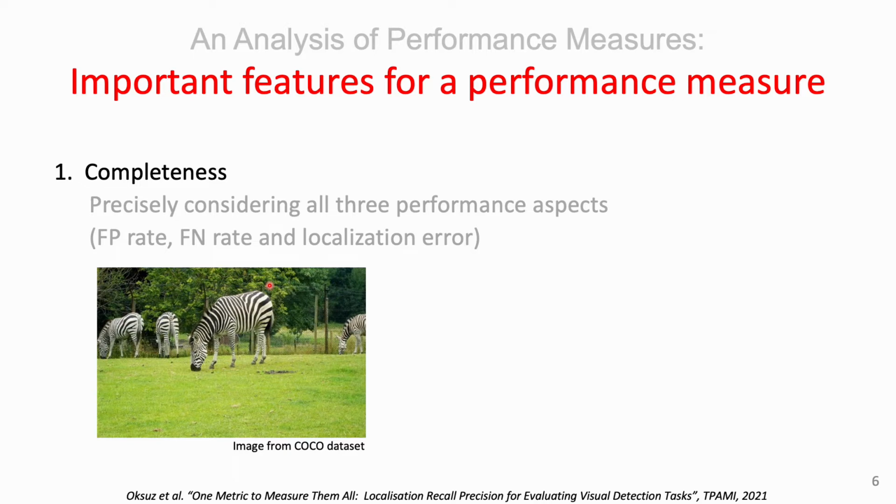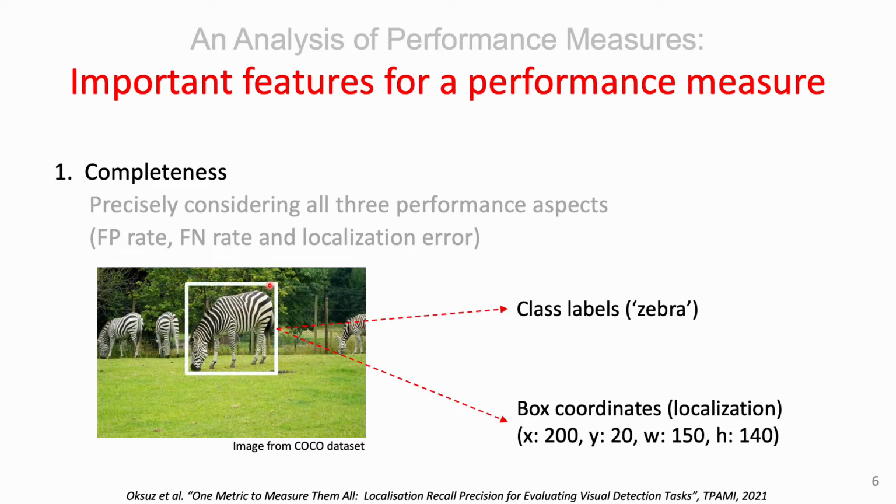This detection problem includes two tasks. A classification task for finding the class labels of the objects, zebra in this example image, and a localization task for estimating the coordinates of the box that bounds the object, the coordinates of the center and width and height of the box, for example.